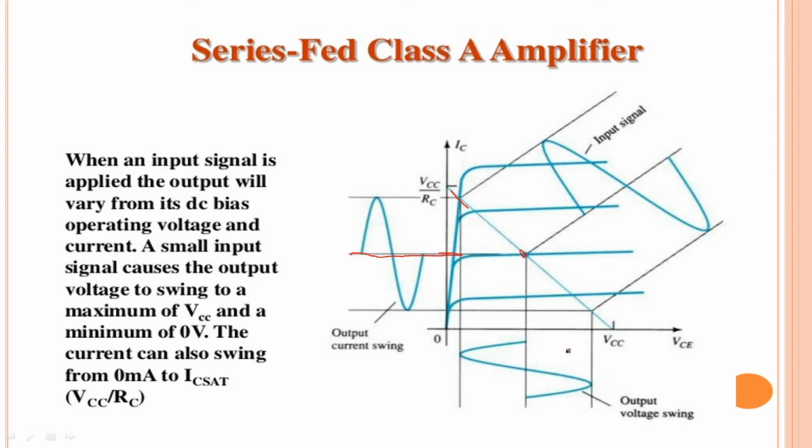But the output voltage is 180 degrees out of phase: for the positive half cycle of the input we get the negative half cycle, and for the negative half we get the positive half. So we can see here this is VCC. Now this is the input output waveform.